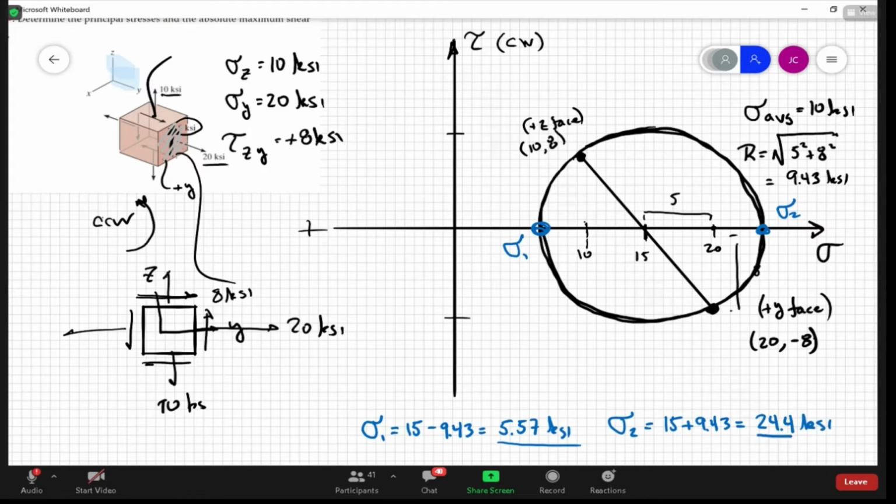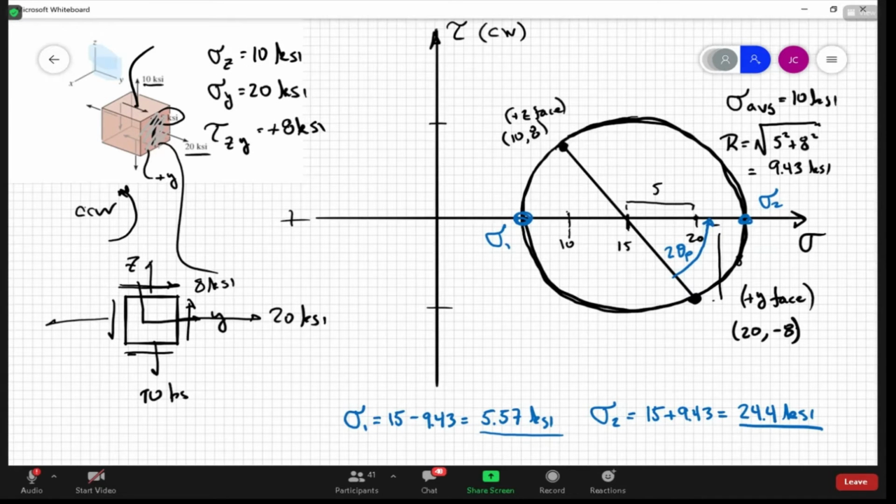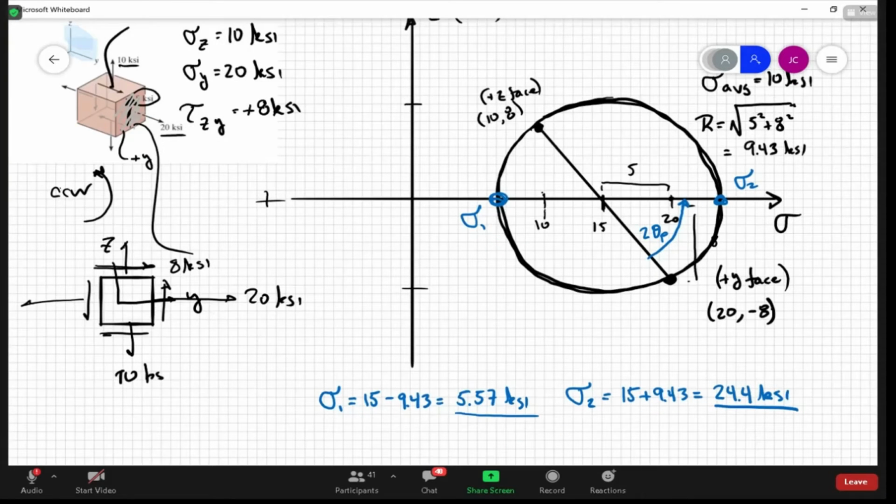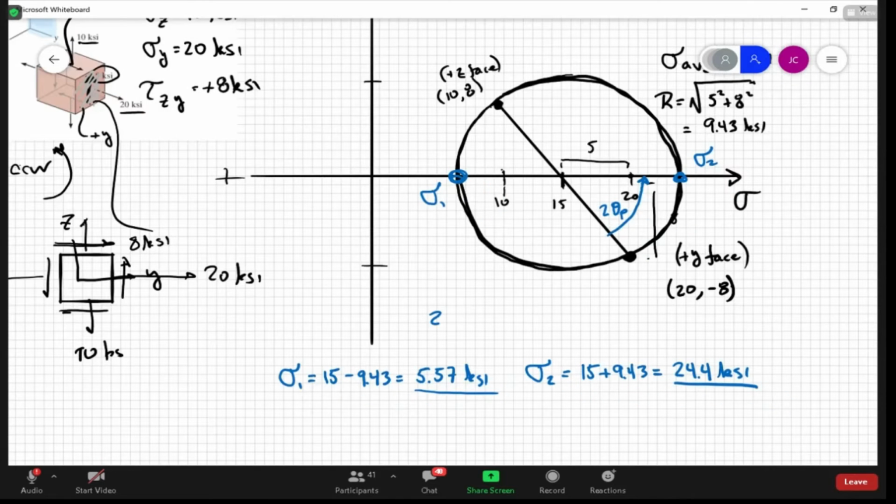We should also say in what orientation that is. To get that, we would rotate from this position up by half of this angle. Remember, the angles are all doubled. So this is the rotation angle to get us into the principal location. Let's do it down here.